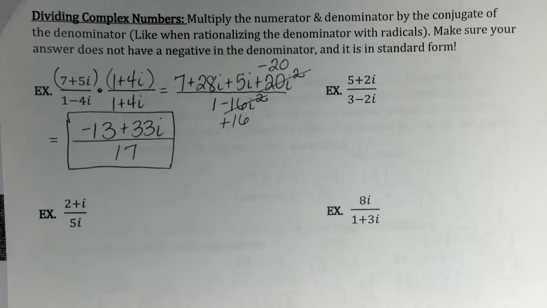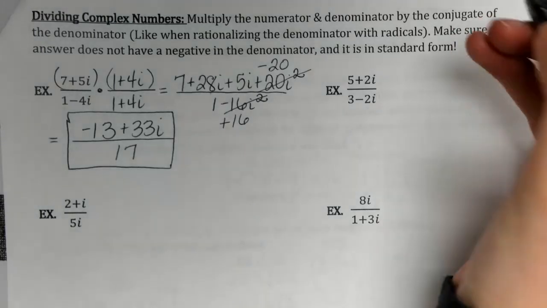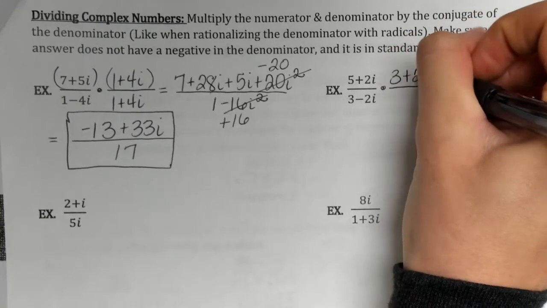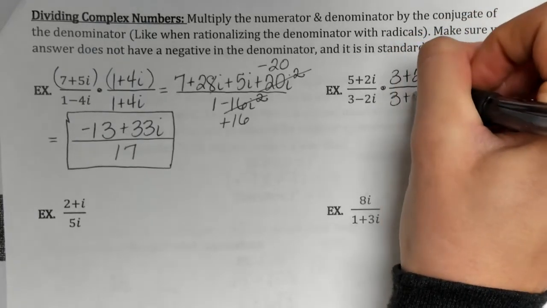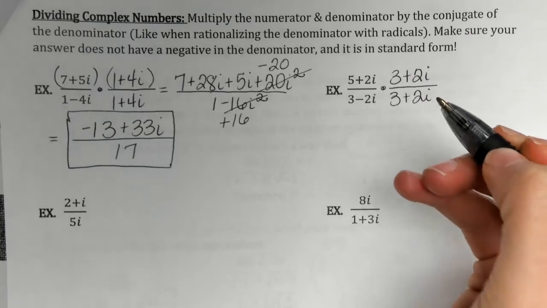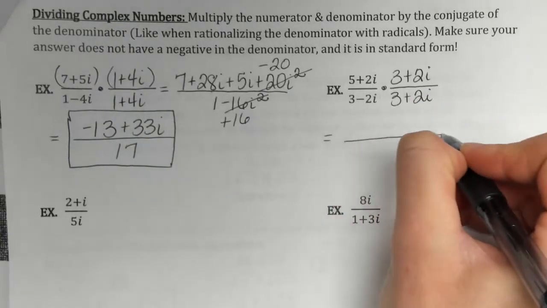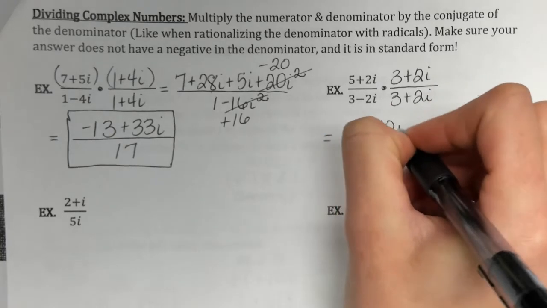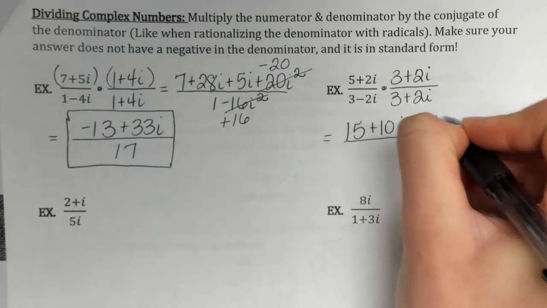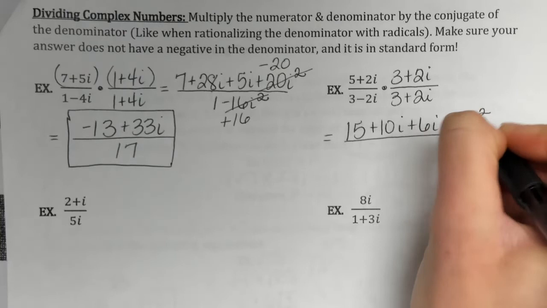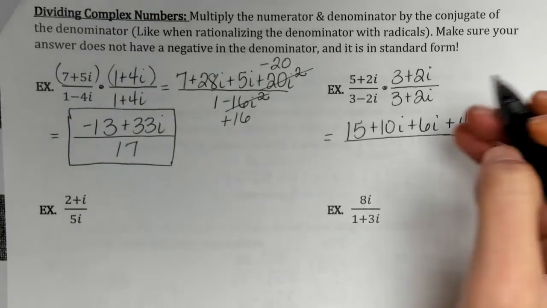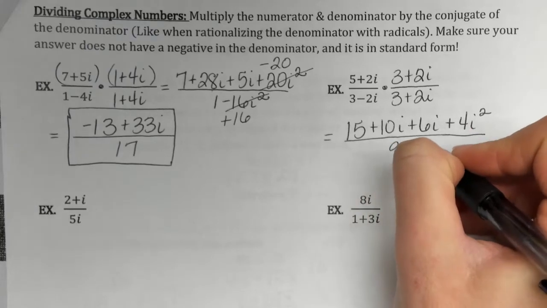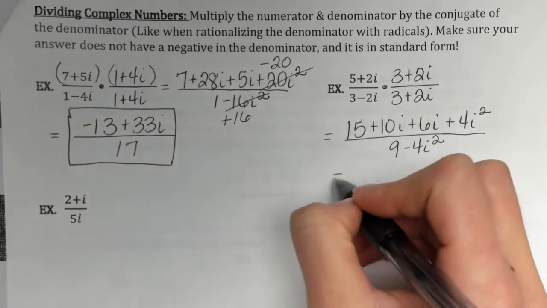Okay, so 5 plus 2i over 3 minus 2i, what am I going to multiply by? 3 plus 2i. So that's going to give me 15 plus 10i plus 6i plus 4i squared, all over 9 minus 4i squared.